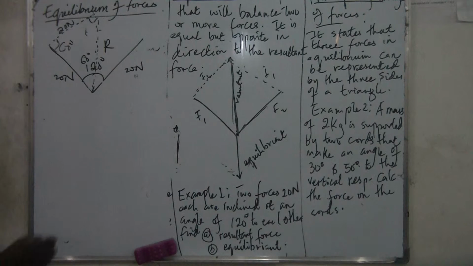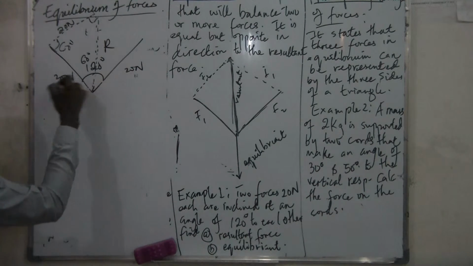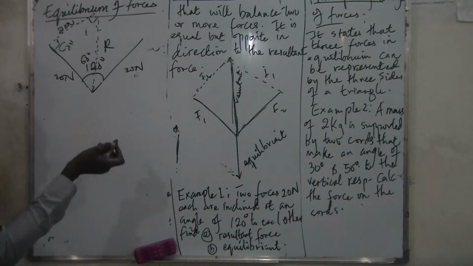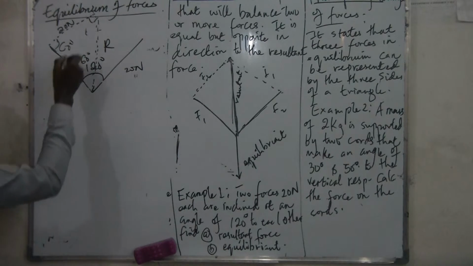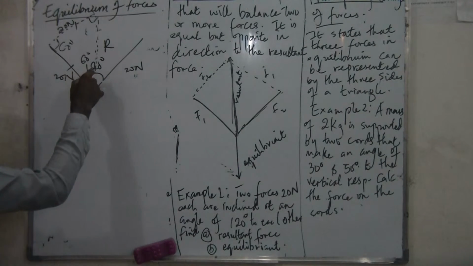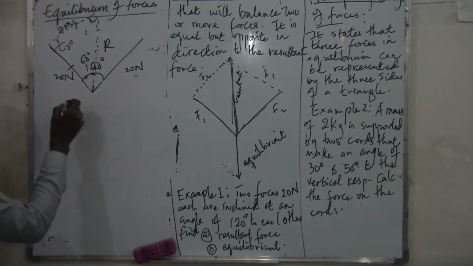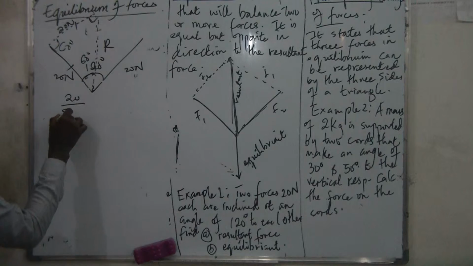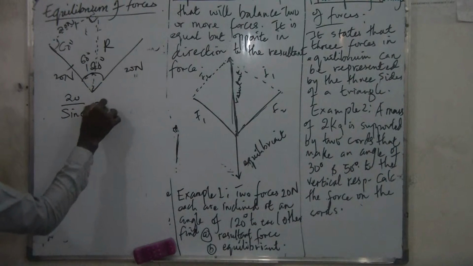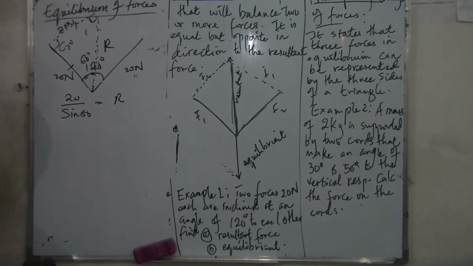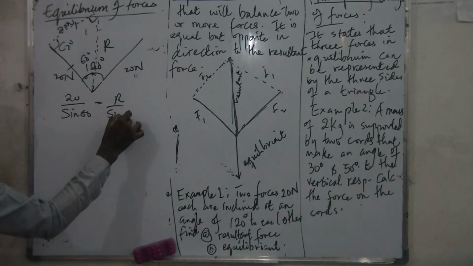The sine rule. By sine rule, since this is 60, and remember this is an isosceles triangle, this is 20 Newton and this is 20 Newton. And this angle here is 60, then this must be 60. So we can say that 20 over sine 60 is equal to R over sine 60.